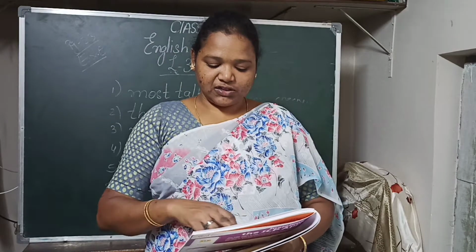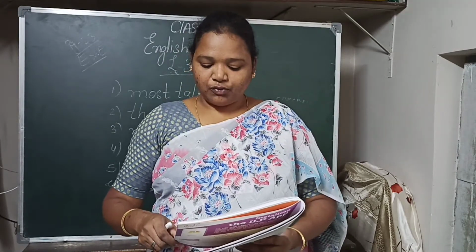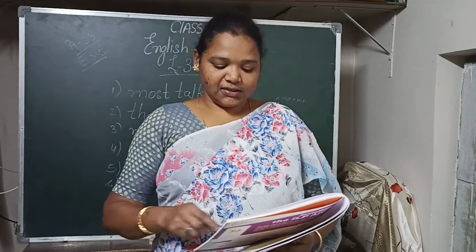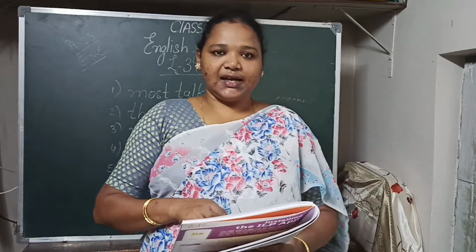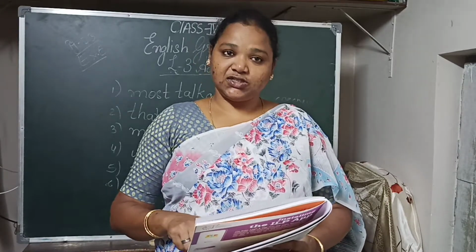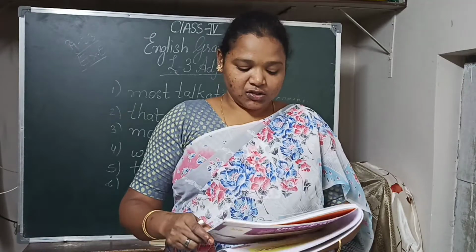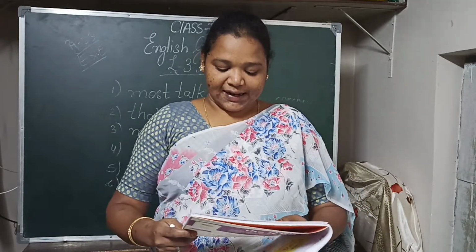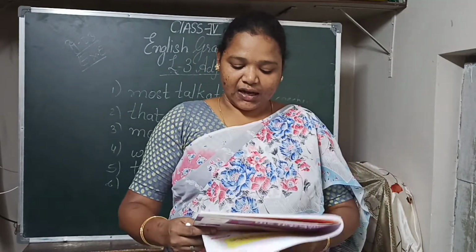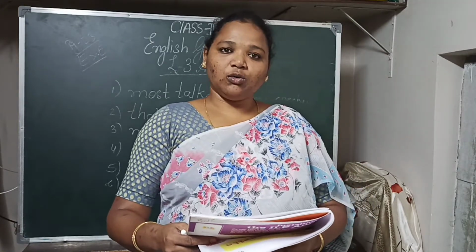Adjectives can be formed by adding OUS to the noun form of certain words. Like the noun danger, in adjective form it becomes dangerous. Courage, courageous. Poison, poisonous. Joy, joyous. In some cases, nouns that end in Y are turned into adjectives by dropping Y and adding IOUS.